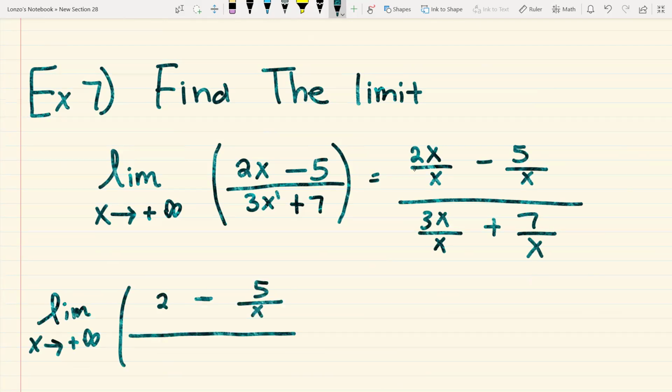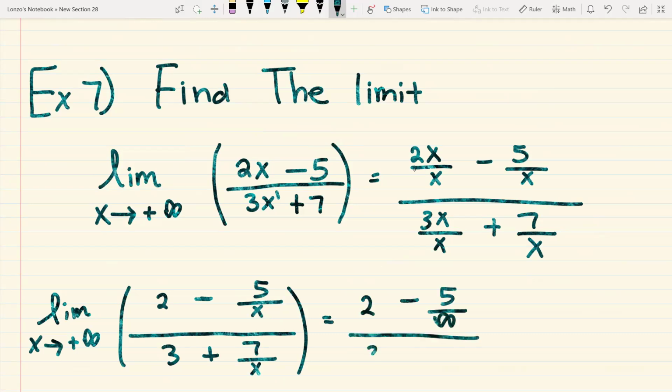And then 3x over x, that's just 3 plus 7 over x. So now you plug in your x value for infinity, so it's 2 minus 5 over infinity, over 3 plus 7 over infinity.